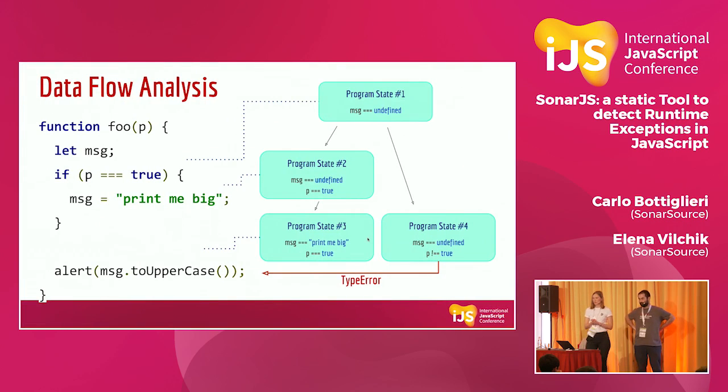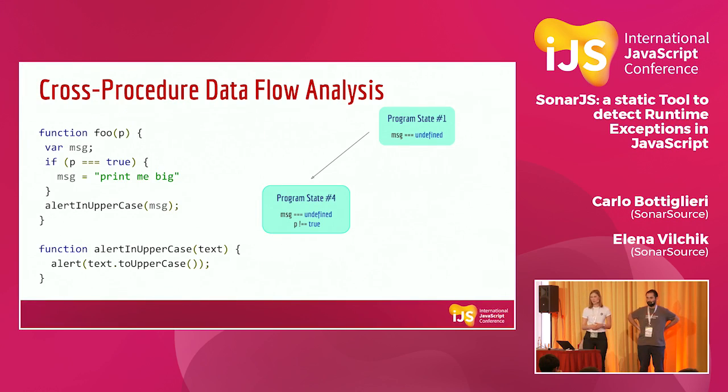If we go deeper into data flow analysis and consider the problems which we face, this is in fact when you have cross-procedure, cross-function execution. In this example, I just refactored the example from the previous slide a bit, so that you have exactly the same thing happening, but the access to the message happens not in the function itself where you don't assign the value, but in some other nested function.